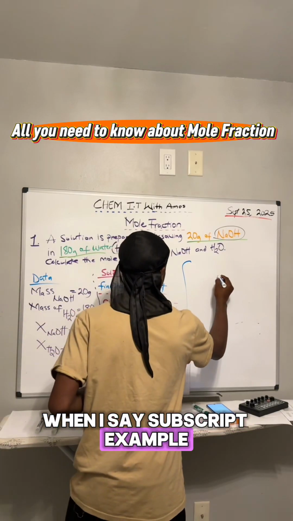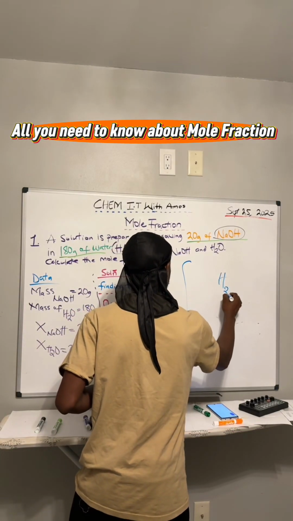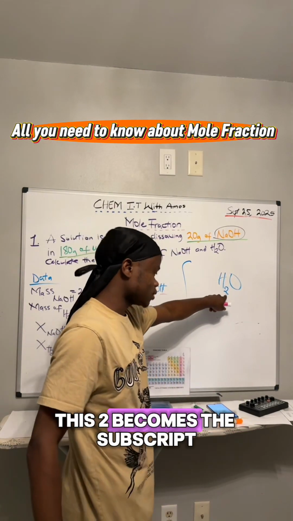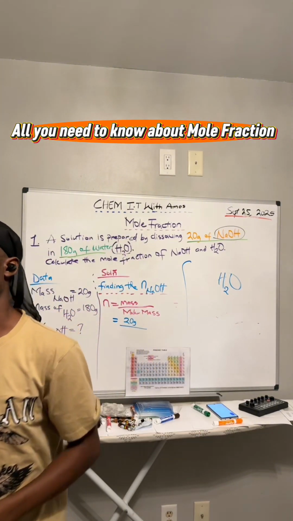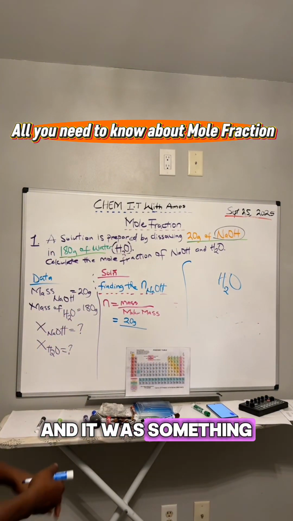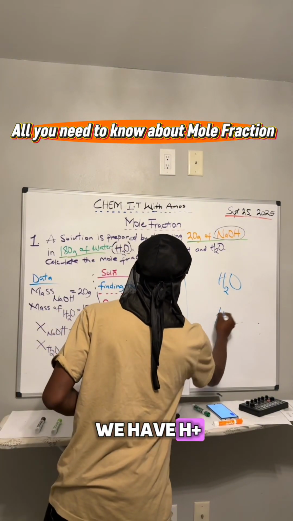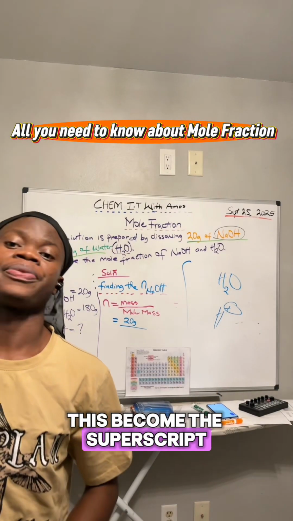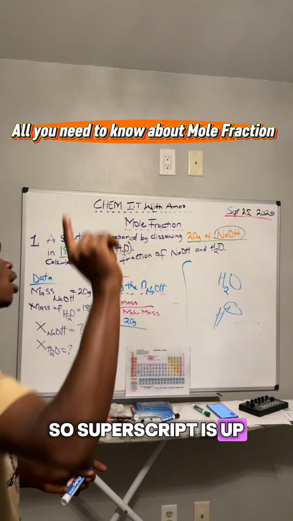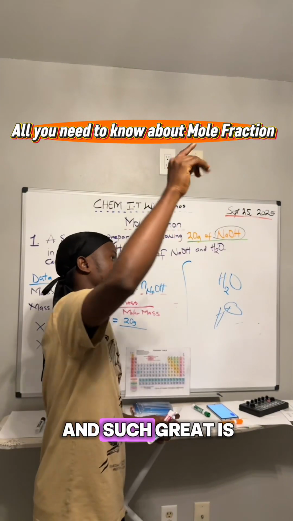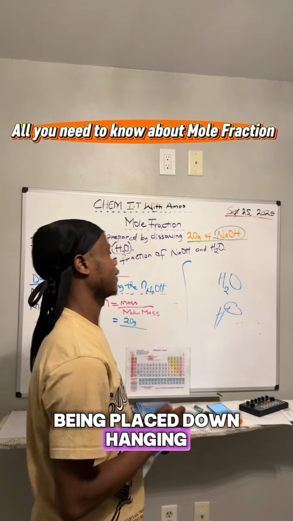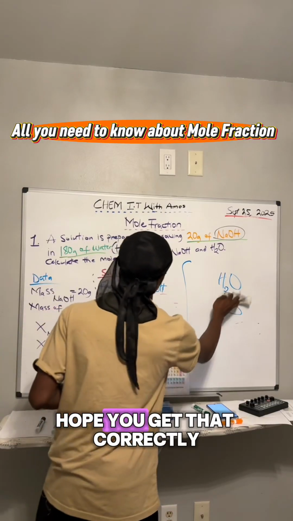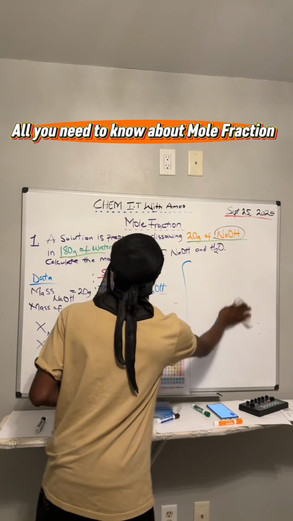When I say subscript, for example, we say H2O, this 2 becomes the subscript. And if we have H plus, this becomes the superscript. So superscript is up and subscript is placed down, hanging. Hope you get that correctly.